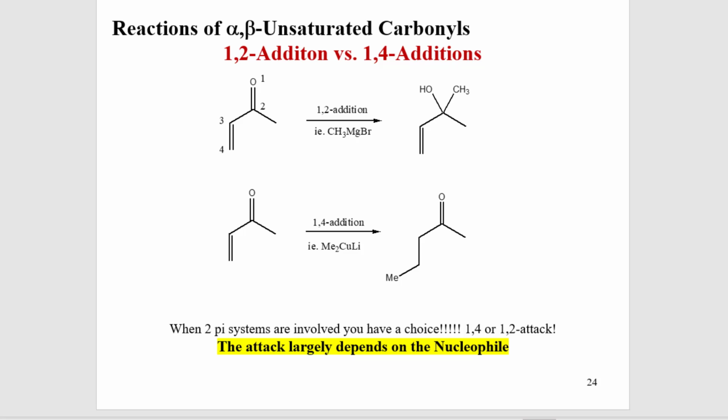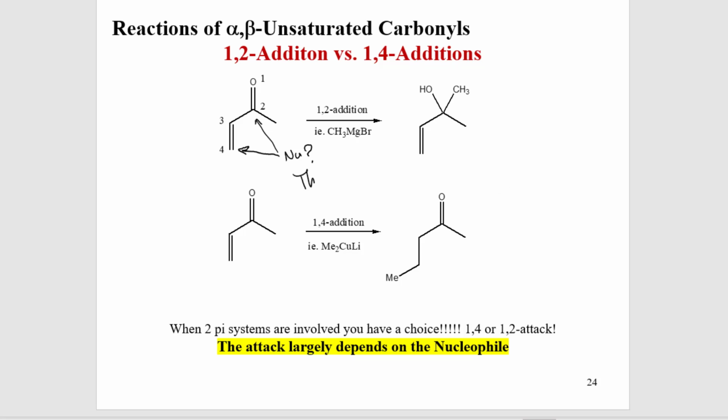So when 2 pi systems are involved, you have a choice, okay? 1,4 or 1,2. So you have to start recognizing this alpha beta unsaturated system as almost its own functional group. Like, consider it one huge functional group. And you end up having regioselectivity issues, right? Do I attack 1,4 or 1,2 with a nucleophile?